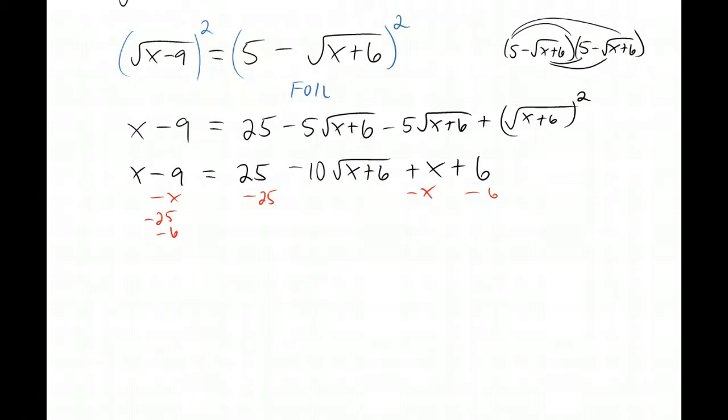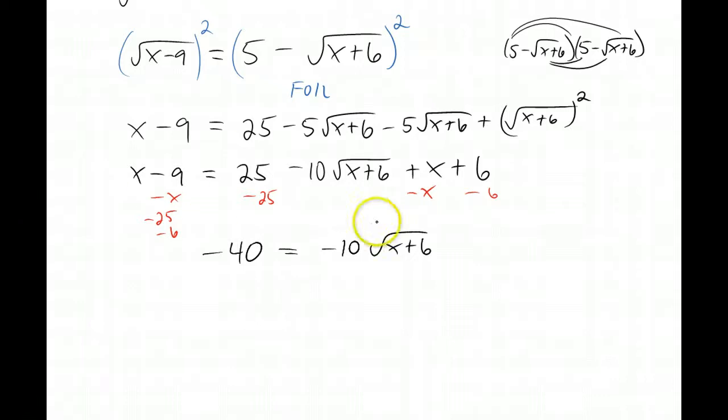It's a little bit sloppy there, so my apologies. But everything cancels on the right side, and you're left with a negative 10 root x plus 6. On the left side, the x's cancel each other out, and you have a minus 9, a minus 25, and a minus 6. If you subtract all that stuff, I believe it's negative 40 that you get.